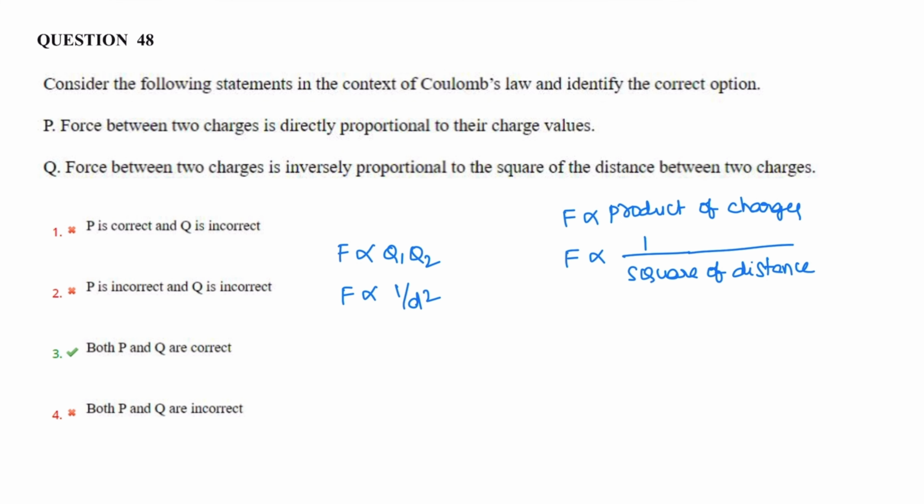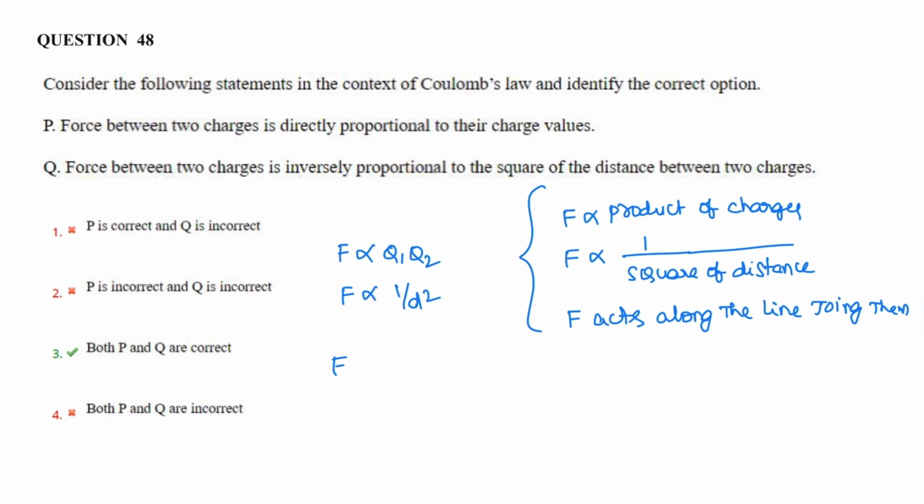Three, force acts along the line joining the charges. So this is Coulomb's law.